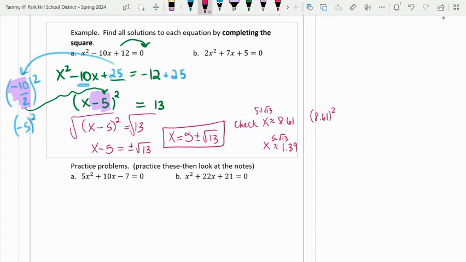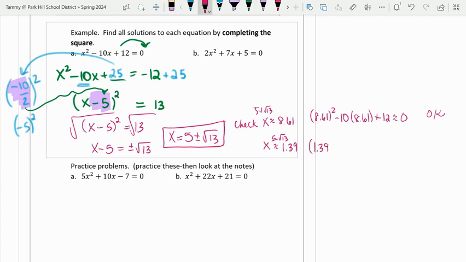So 8.61 quantity squared minus 10 times 8.61 plus 12. Does that equal 0? Use your calculator. 8.61 squared minus 10 times 8.61 plus 12. It's 0.03, so it's approximately 0. Okay. I'm going to put approximately 0. And then do 1.39 the same way.